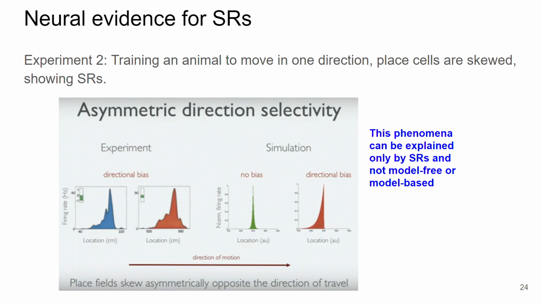Then if there is SR, the skew should still be there because the expected future occupancy stays the same even if the reward changes, because the rat has yet to learn the new rules. Huh. Right. I was wondering about switching the reward. Maybe we can look at that later on.